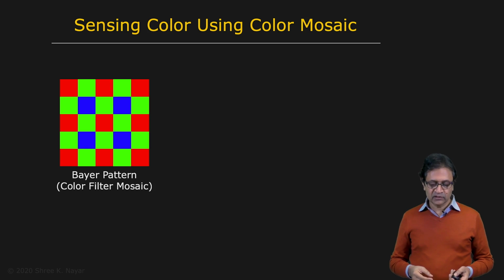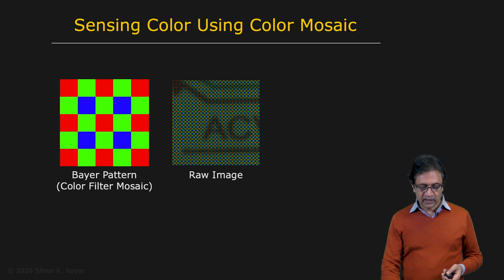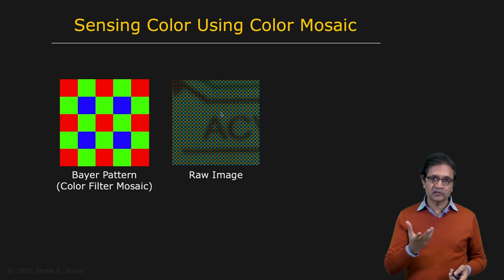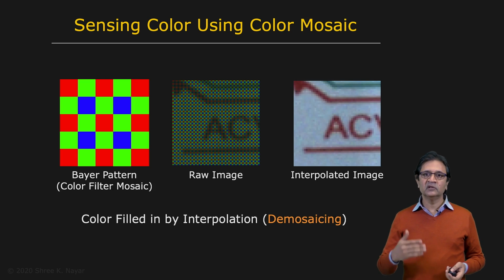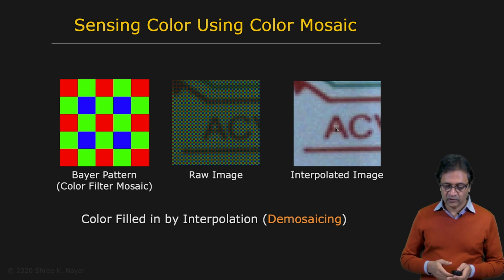The basic idea is you take an image which has red, green, and blue values as shown here, so each pixel is either red, green, or blue. Then you use interpolation, which is a technique we'll talk about later, to reconstruct the full red, green, blue image, the color image. In other words, if you measured blue at this point, you then say, given my red and green neighbors, what red and green values would I have measured at this point if I had a green pixel there and a red pixel there? So you end up with your color image.